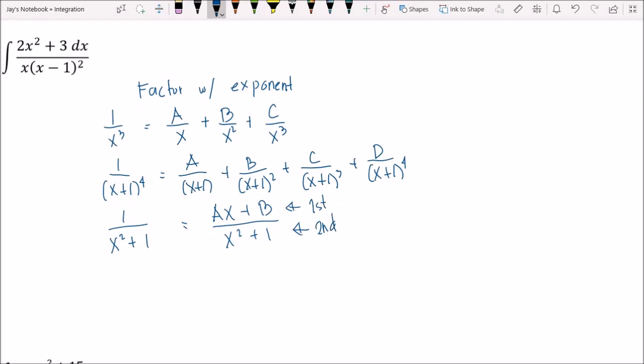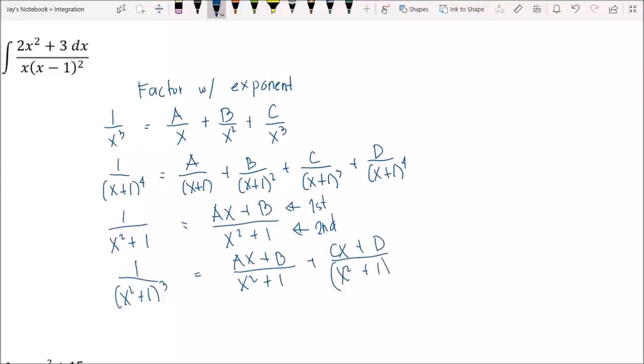So we have another example. If we have x squared plus 1 raised to 3, that would give us ax plus b over x squared plus 1, plus cx plus d over (x squared plus 1) squared, plus ex plus f over (x squared plus 1) cubed.